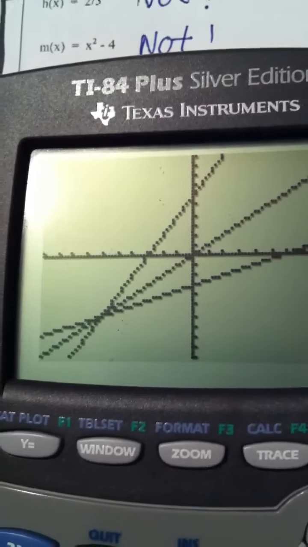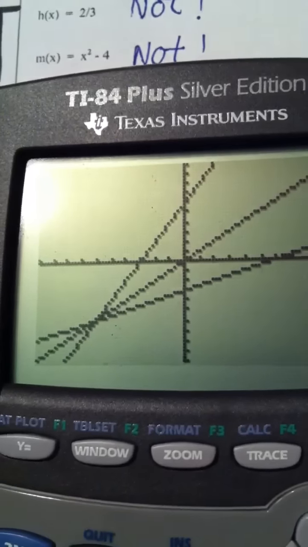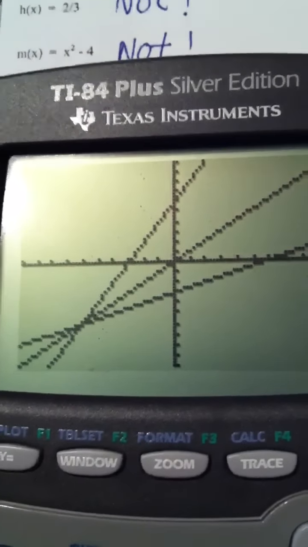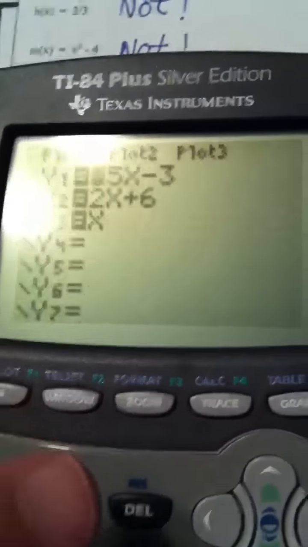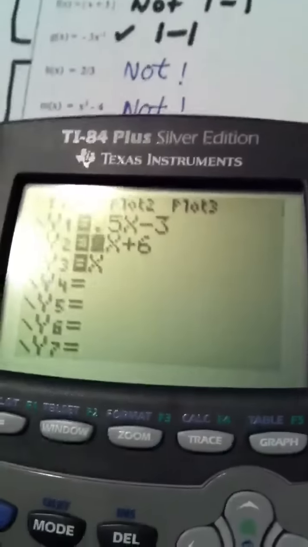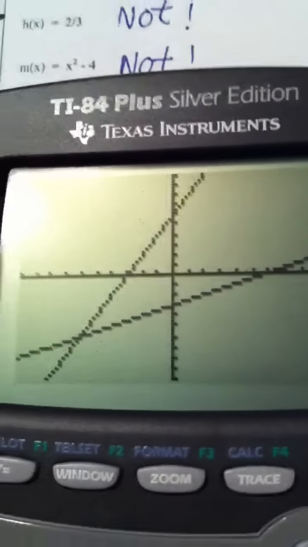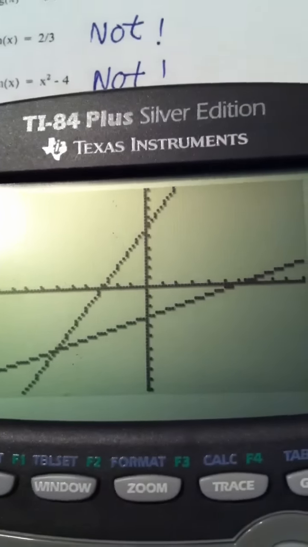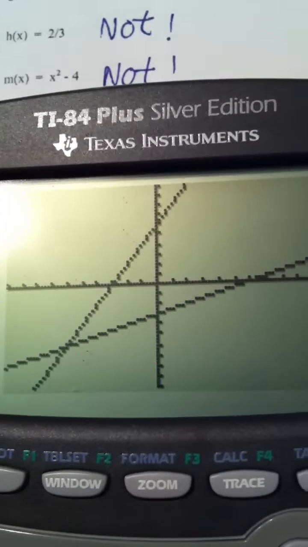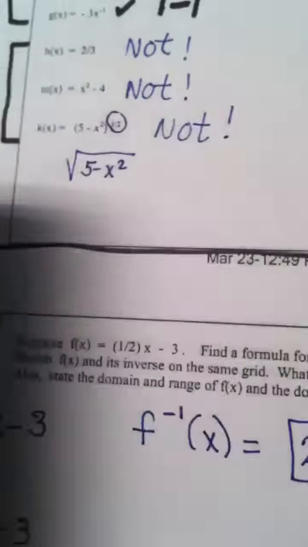And the last question it asked here is what is the domain and the range of both functions? Well, we're not looking at y equals x. In fact, I'll go and take that one away. That's not what I'm interested in, so I'll clear that. If I just look at the two lines, these are lines, right? So the domain and the range is going to be all real numbers for both.